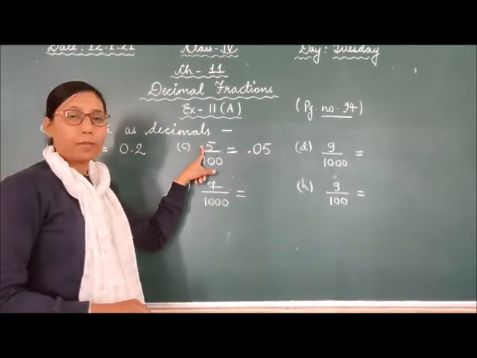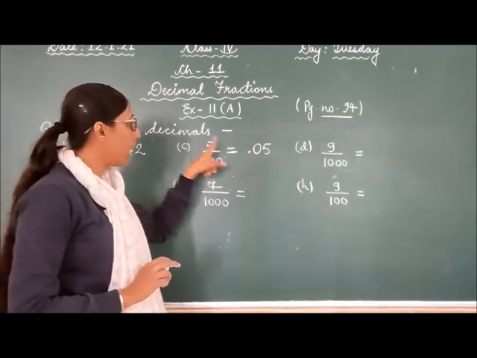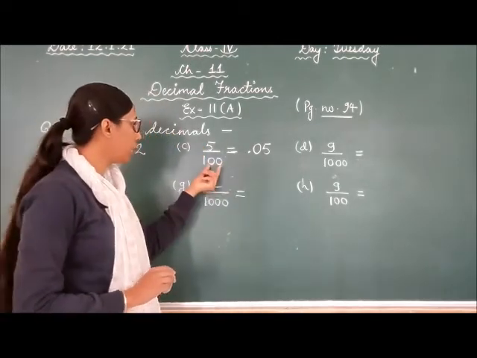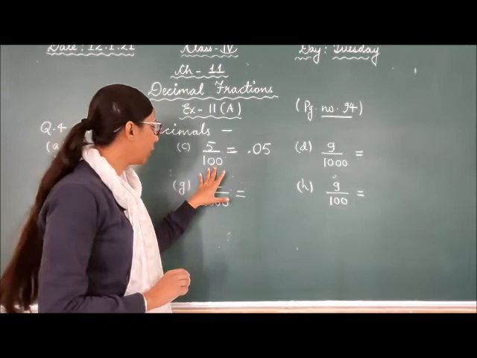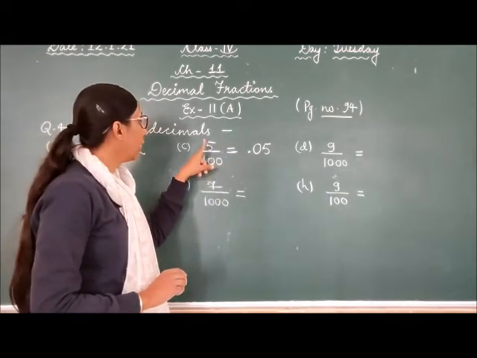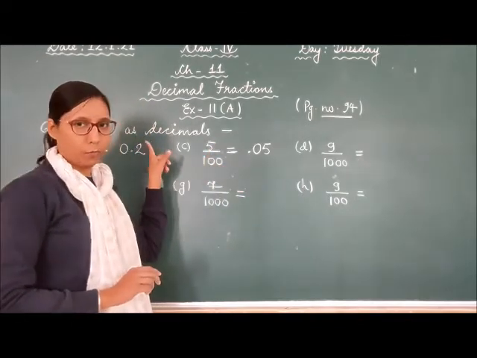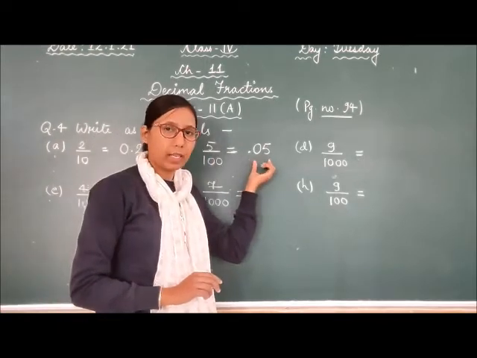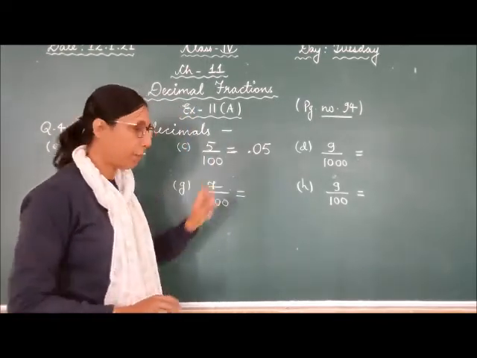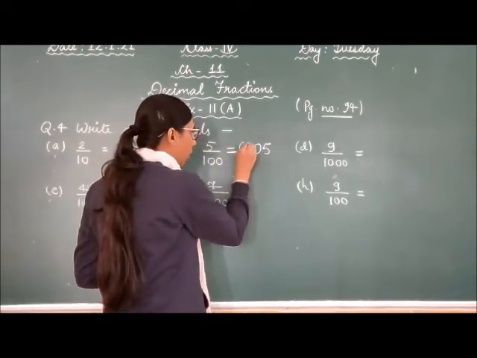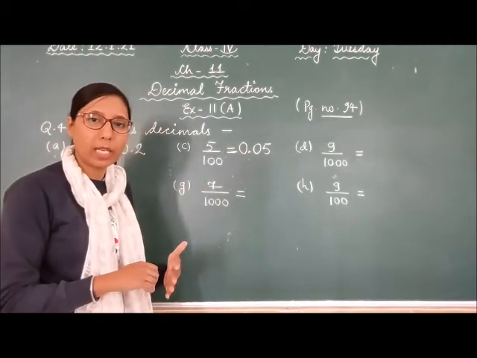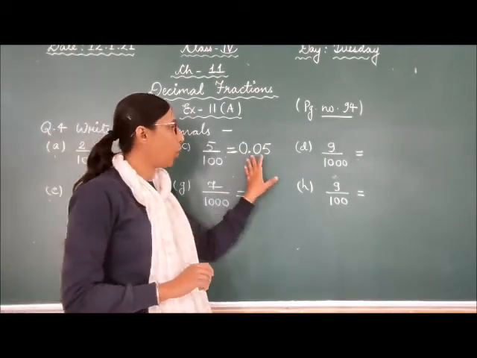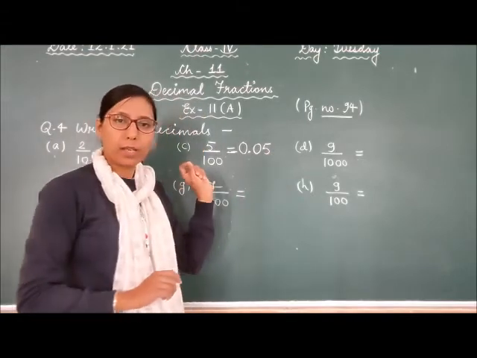Now here 0 is not given, but we have to write this 0 just because there are two zeros. So according to these two zeros, we are going to put decimal point 2 digit before, and 2 digit before यहाँ नहीं था इसलिए हमने एक extra क्या लगा दिया, 0. And you are going to write 0 here also. सबसे आगे भी आपको क्या लिखना है, 0. So the answer is 0.05. This is the decimal number now.